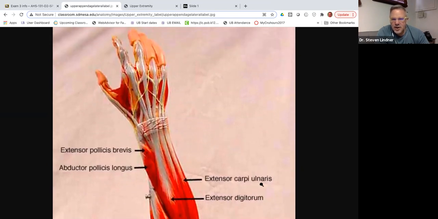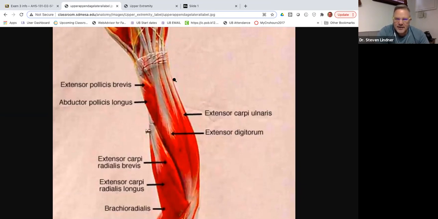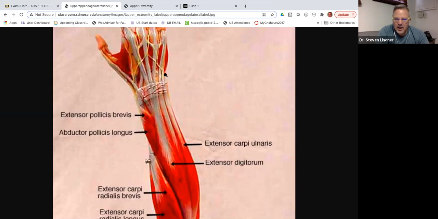The extensor carpi ulnaris, we look at it, it's going to originate, all extensors are going to originate off that lateral epicondyle. It's going to come down and insert right along the ulnar bone, right? It's crossing the ulna, it's crossing the carpals, and it's going to attach here on the ulnar side.